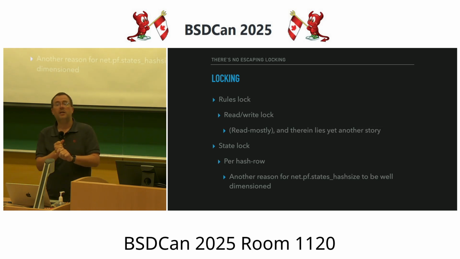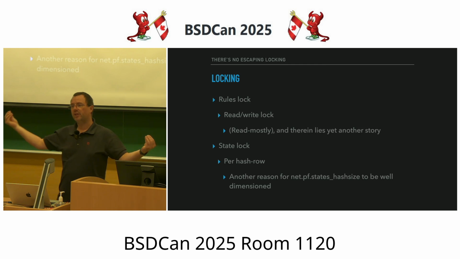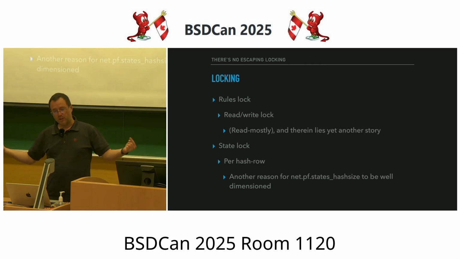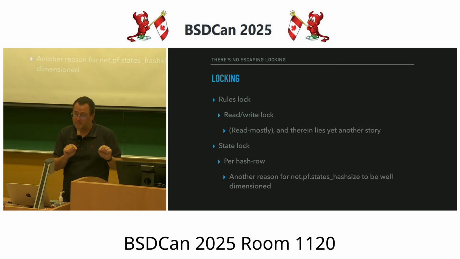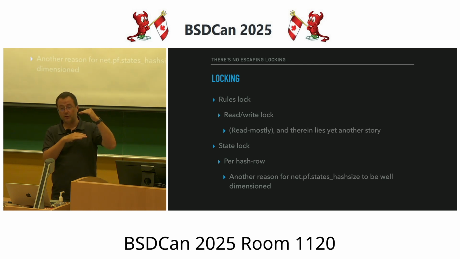This means that the IP addresses in the packet can be different on one side of PF versus the other side of PF. So what we do is we have two different state keys in the state tables that point to the same state. But you need to lock both hash rows in the state table to safely manipulate them.